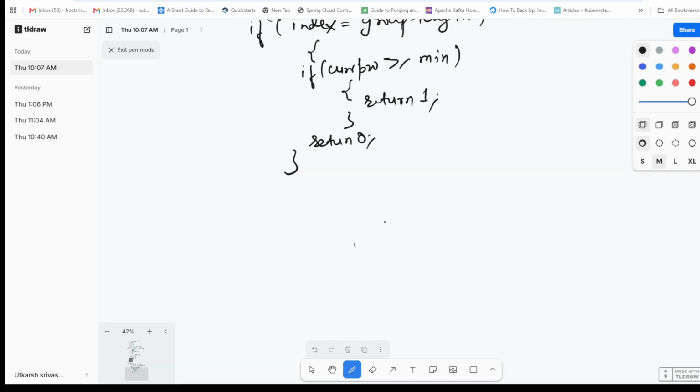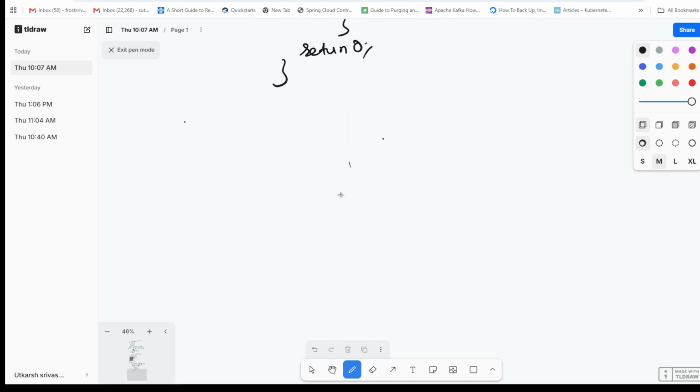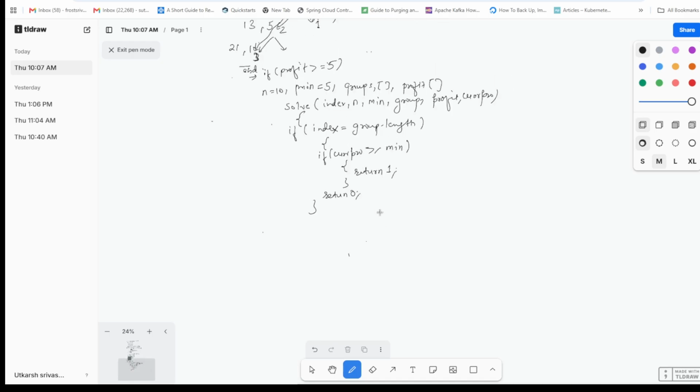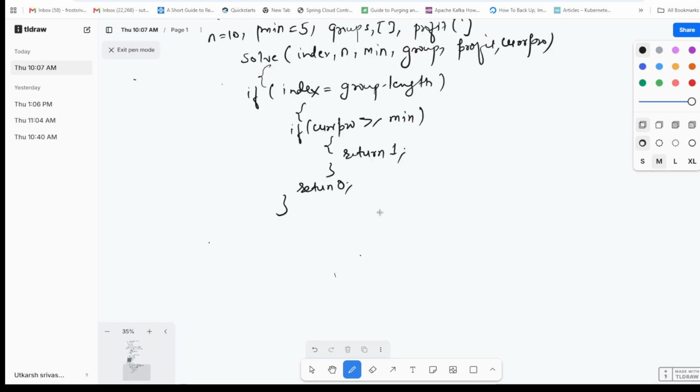So now, let's see here. At each index, we are either taking that element or skipping that element, right?